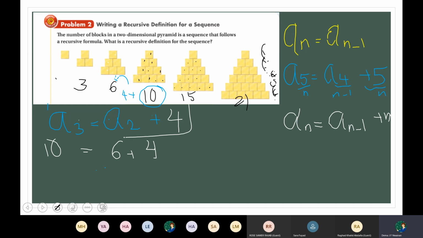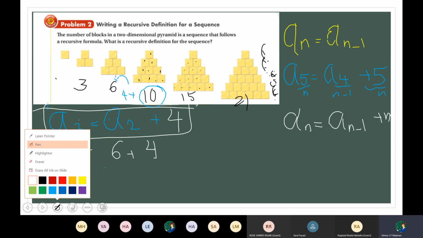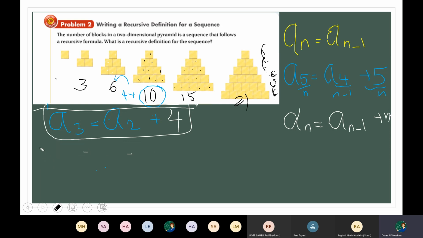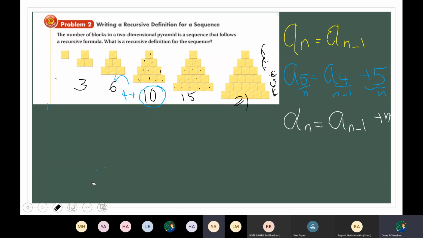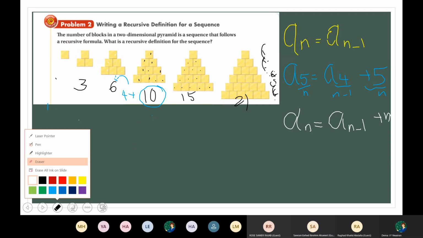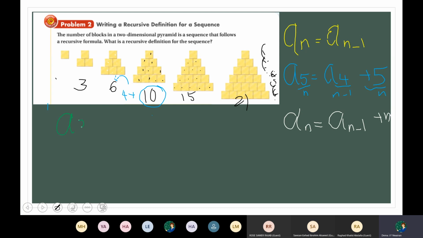So because of that, I go back to rewrite the formula. It's a3, I'm sorry. But teacher, isn't the third term 6? I'm sorry. Here I say a3 with a2 plus what?